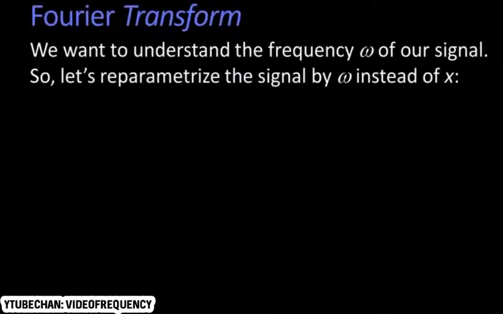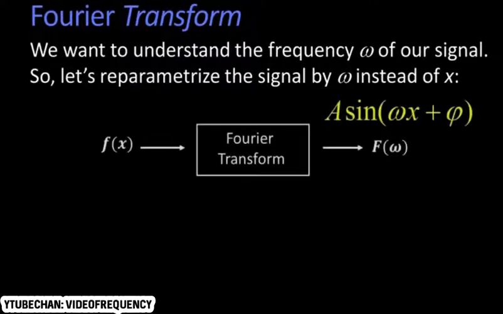And that transform is called the Fourier transform. So we did Fourier series, then we'll go to Fourier transform, and then to discrete Fourier transform, which will get us to that image stuff. We want to understand the frequency, and frequency is usually written as omega, of our signal. So we want to transform our signal, instead of parameterizing by x, which is in space, by omega.